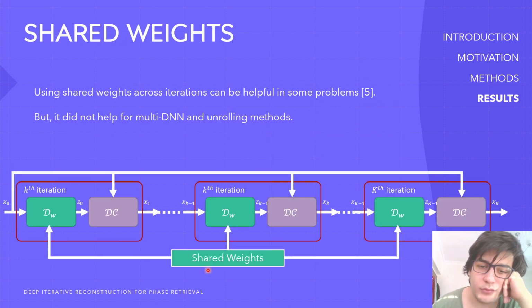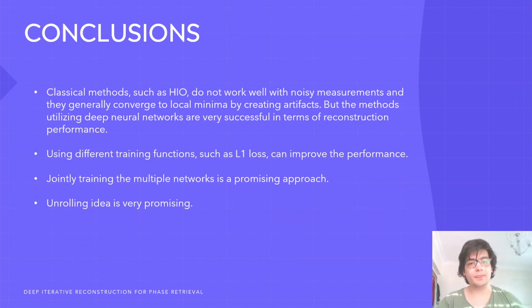I also tried using shared phase in the unrolling method and in the multi-DNN methods, as I mentioned previously, but it didn't help. It can be due to the nonlinear and non-convex nature of the phase retrieval problem. So to sum up, classical methods like HIO do not work very well under noisy measurements, and they generally converge to a local minimum by creating artifacts.